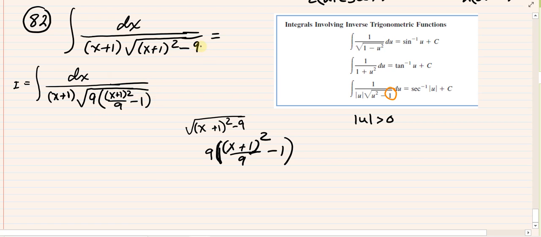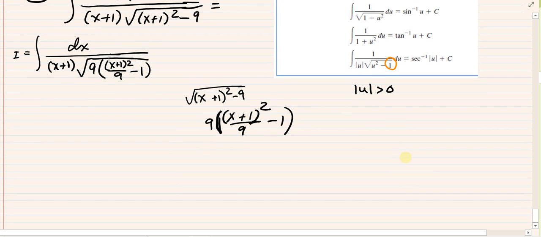Now, next step, I'm going to rewrite the fraction inside the parentheses in the radicand. Let me actually do this. I'm going to make this as long as necessary.